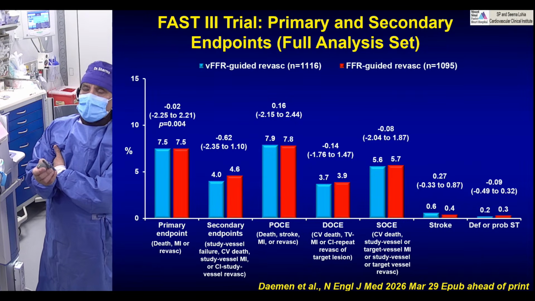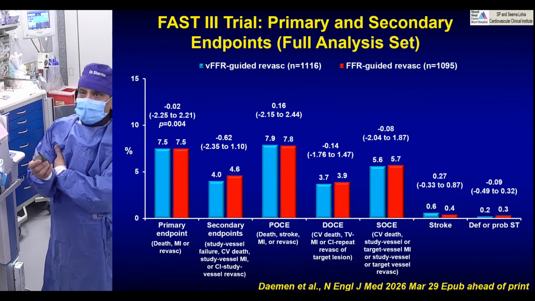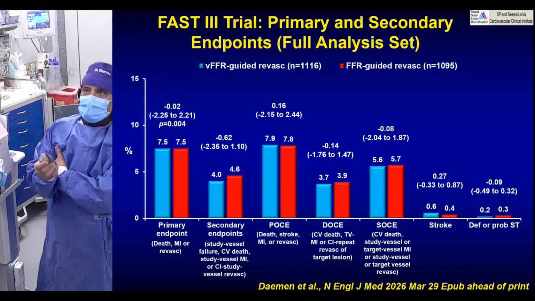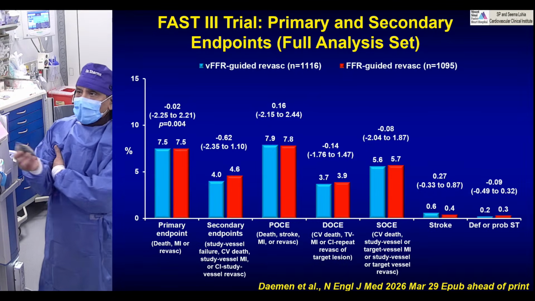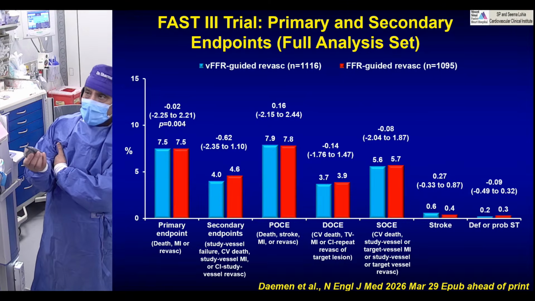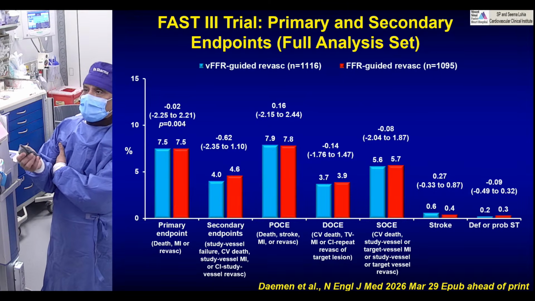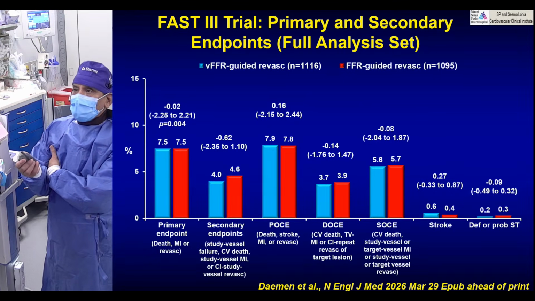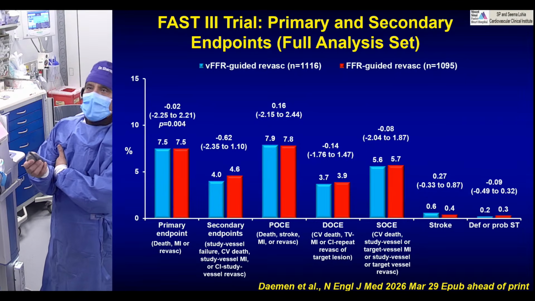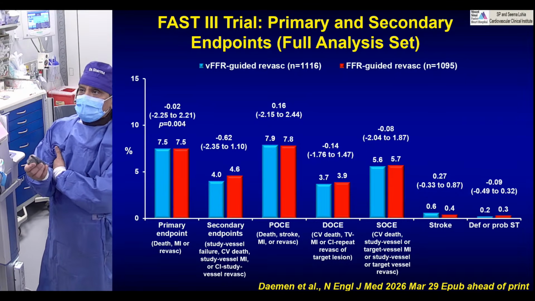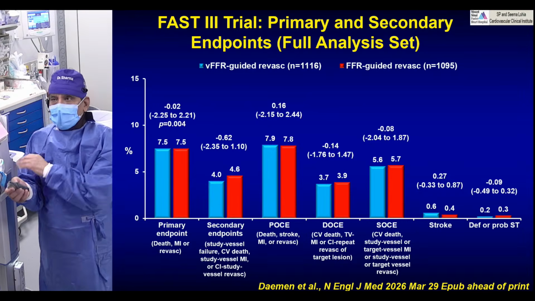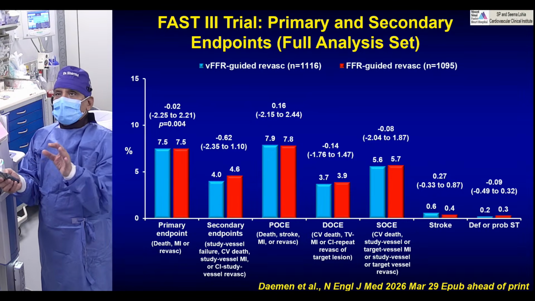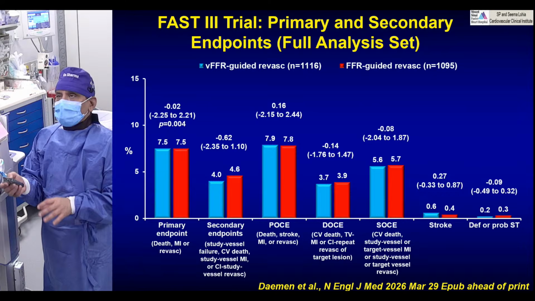various endpoints were similar, and various procedural characteristics, but the key is that with vFFR guided versus FFR guided revascularization, you can see exactly identical outcome. Somehow the p-value for the stent thrombosis was 0.1, different in favor of the FFR guided revascularization, but I would say it's not much different, but overall, just to say identical outcomes of the vFFR versus FFR guided.